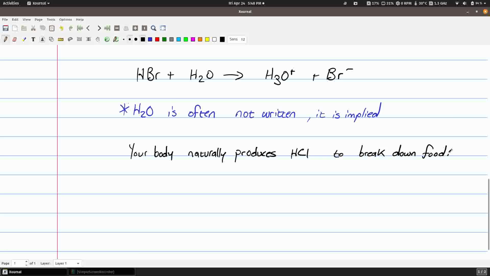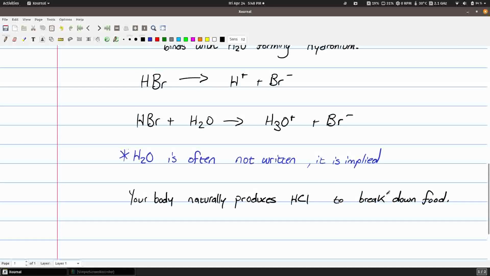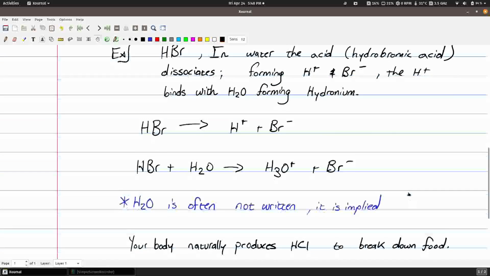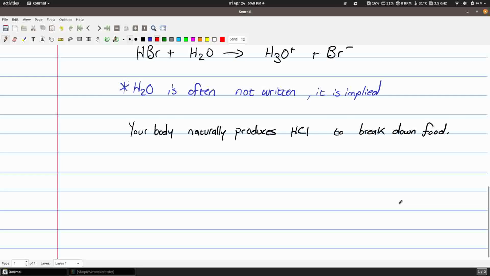Alright, so I've already gone over what an acid is and an Arrhenius acid. Just to recap, Arrhenius acids form H plus when they're in solution, or they form H3O plus. Either one I will accept. Just know that H plus means H3O plus. Alright, so an Arrhenius base is the opposite of this.